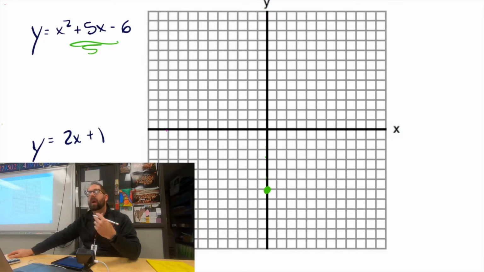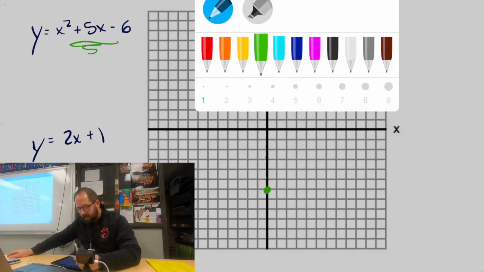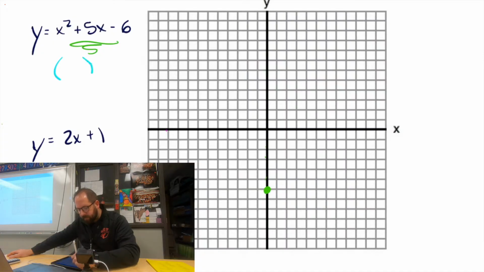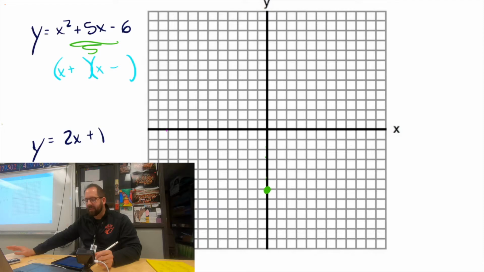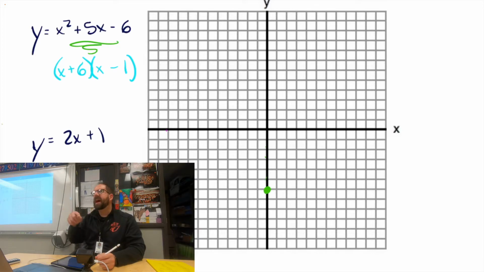Then, to figure out where it hits the x-axis, you'd have to factor that baby apart. So if I factor this thing apart, it'll be x and x. It'll be plus minus, because that minus sign on the back. And then I have to make a 5 in the middle with a plus minus. So I'm going to go like +6 and -1, right? That makes the 5 in the middle. +6, -1 subtracts to make 5.